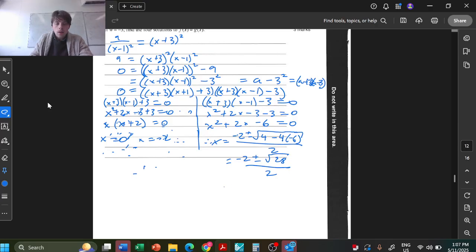Okay, now, can we do anything with that? Well, 28 is equal to 4 times 7. So that there is negative 2 plus or minus, now, square root of 4, that's 2, so it's 2 root 7 over 2. That's equal to negative 1 plus or minus root 7. And putting it all together, there are our answers. But I'll neaten them up a little bit for you. So therefore, x is equal to 0, negative 2, negative 1 plus root 7, and negative 1 minus root 7.